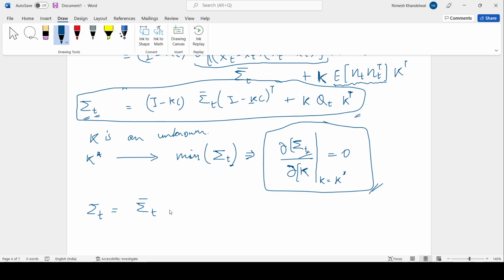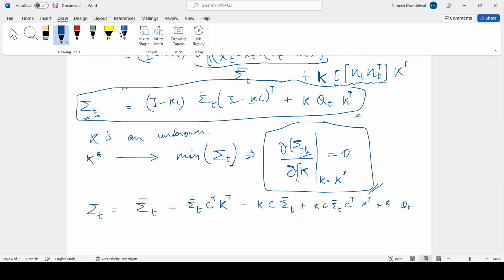So what does this come out to be? This is my minus sigma bar C transpose K transpose, minus K C sigma bar, and then plus K C sigma bar C transpose K transpose. What is the last term?